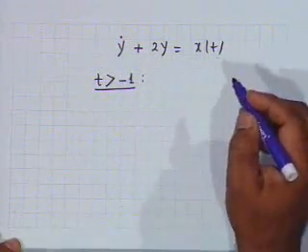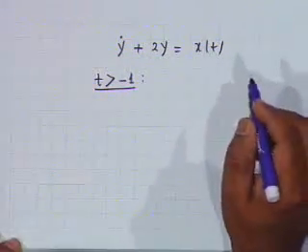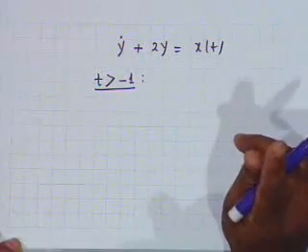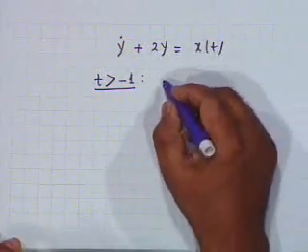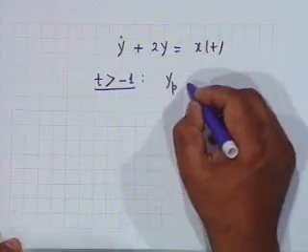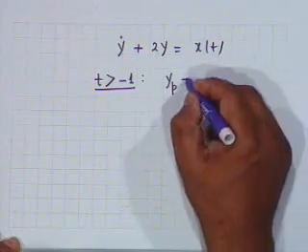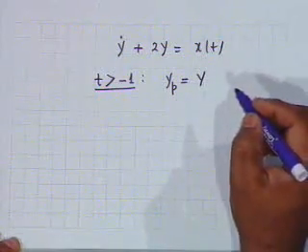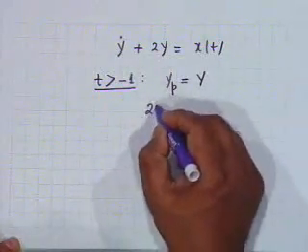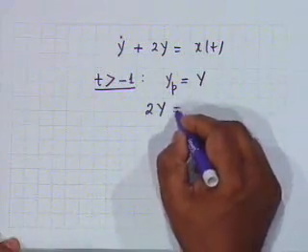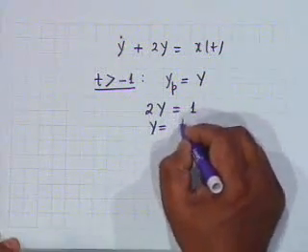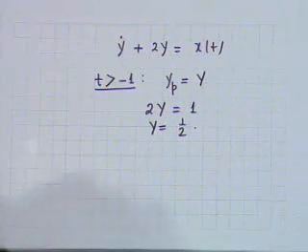For t greater than -1, x of t is equal to 1, and therefore the particular solution yp must also be a constant. Since the input is a constant, this is also y, which means that twice capital Y should be equal to 1 or y should be equal to half. So this is the particular solution.